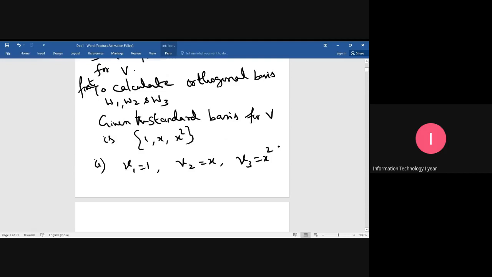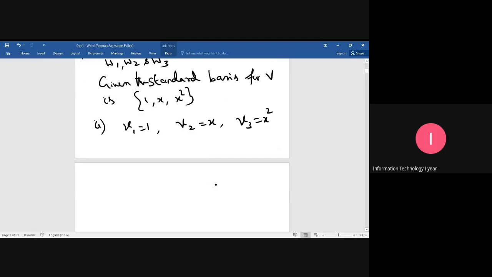In the previous example, last class, we had vector forms like 1 comma 0 comma 1 for V1, V2 and V3. But here V1 is 1, V2 is x, V3 is x square. Using V1, V2 and V3, we find W1, W2 and W3.